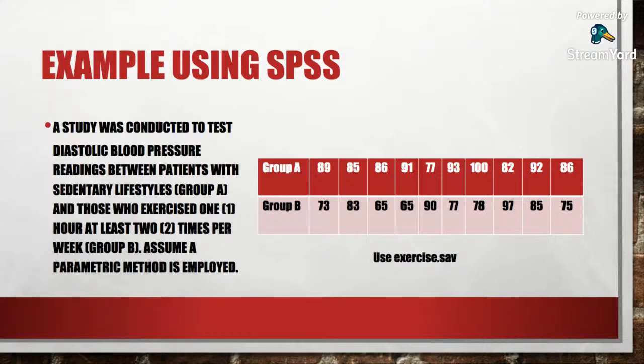So for example, we have data for an independent samples t-test, but it did not meet the requirements or the assumptions, then we will opt for another test, which is a non-parametric test. To give you an example, we will use the Wilcoxon test. But I think we've been online for more than an hour.